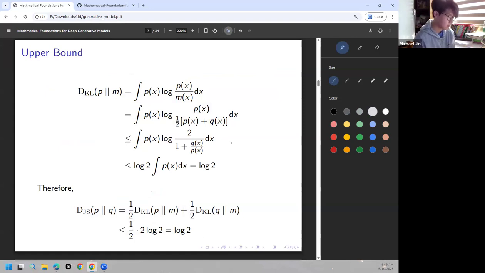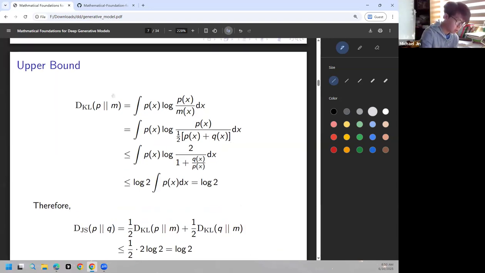We can first calculate the upper bound of KL divergence if we use M to encode P. The reason it will not explode to infinity is that M is the average of P and Q, right?